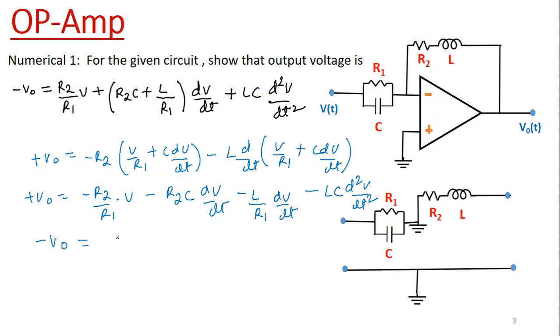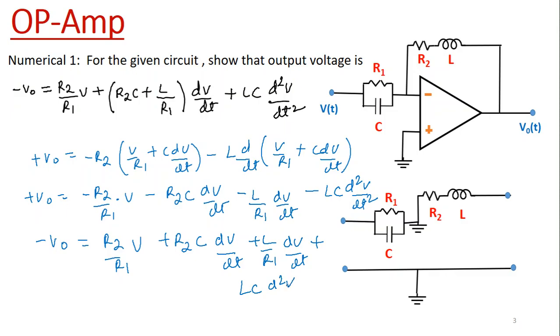Minus V0 is equal to R2 by R1 into V plus R2C dV by dt plus L by R1 dV by dt plus LC d square V by dt square.